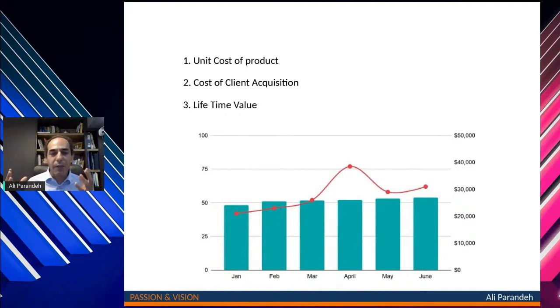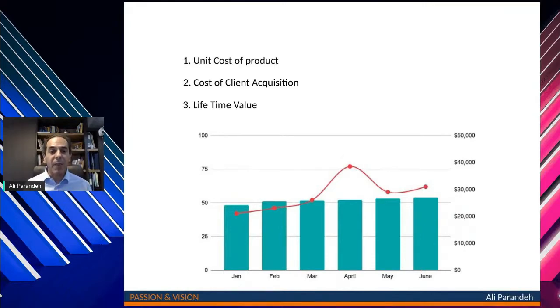That is your lifetime value. Even if you're selling a pencil, it is something that has a life, and the user will need to buy it again and again and again. How many times will a user need a pencil in his life? Whether it's any type of product, it will most probably have an end of life, and recurring purchases.